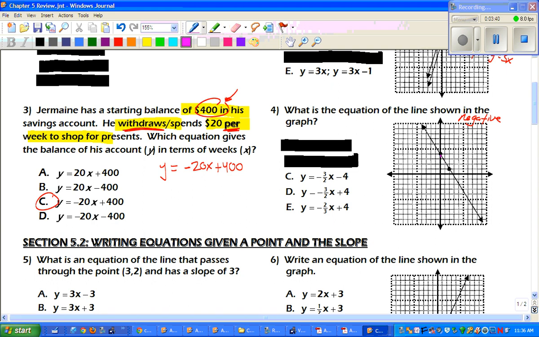So let's find out what the slope is. We go down 3 over 2, so our slope is negative 3 over 2. So we can get rid of another answer right there. Okay? Our y-intercept right here, that's at 0, 4, positive 4. So that means D's our answer for that.